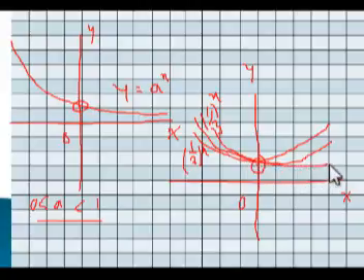So these are the examples of exponential functions when a ranges from 0 to 1.